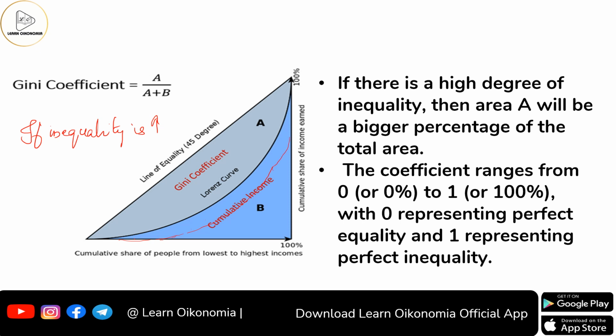If inequality is high, the Lorentz curve would be far away from the line of equality.